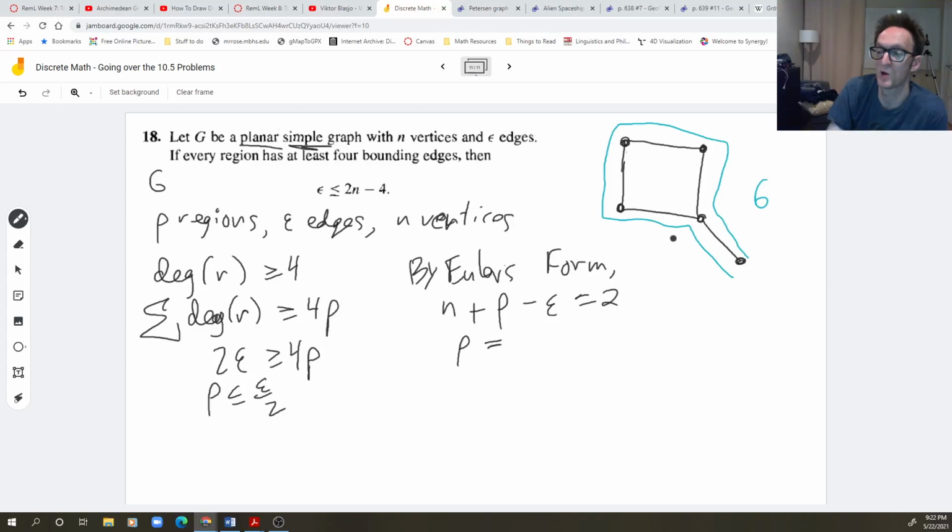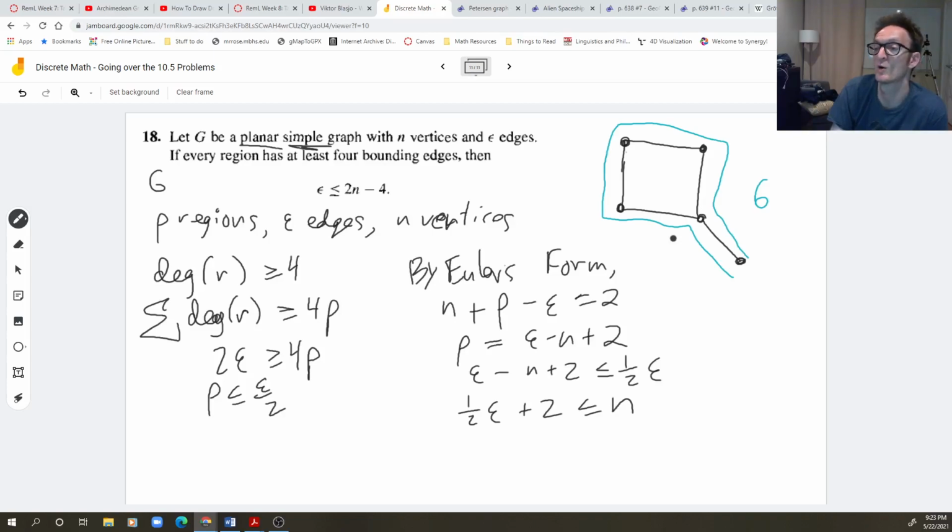That means that rho is epsilon minus n plus 2. But if rho is to be less than or equal to epsilon over 2, then epsilon minus n plus 2 has to be less than or equal to 1/2 epsilon. And if I just subtract 1/2 epsilon, then I get 1/2 epsilon plus 2 is less than or equal to n.